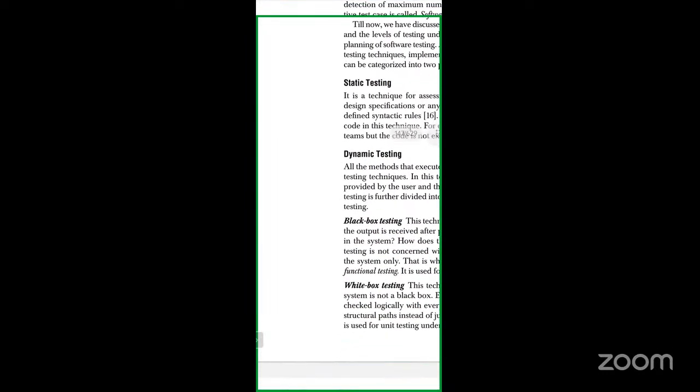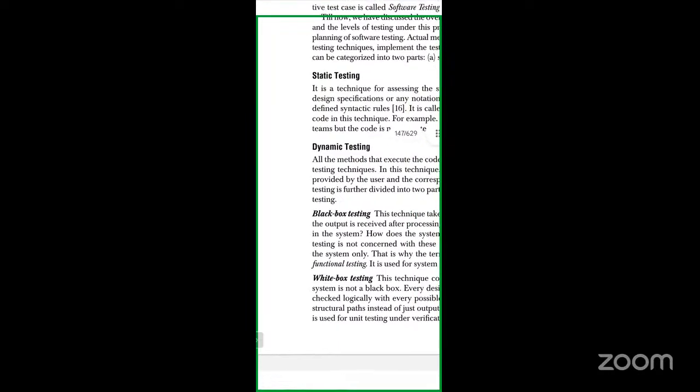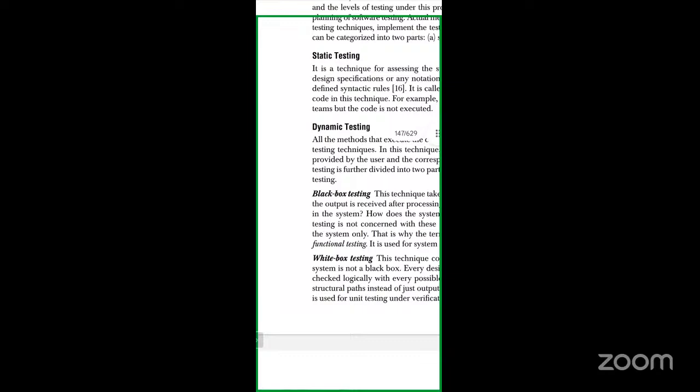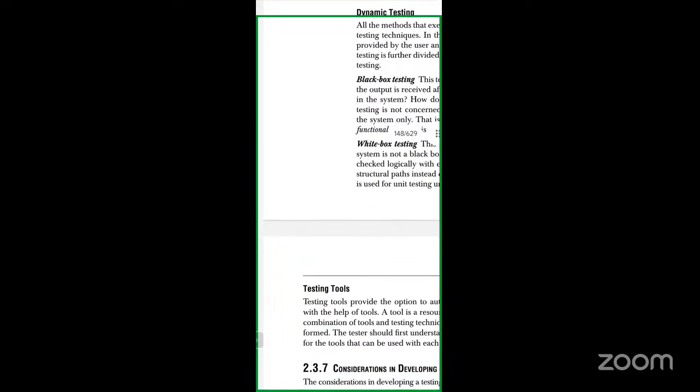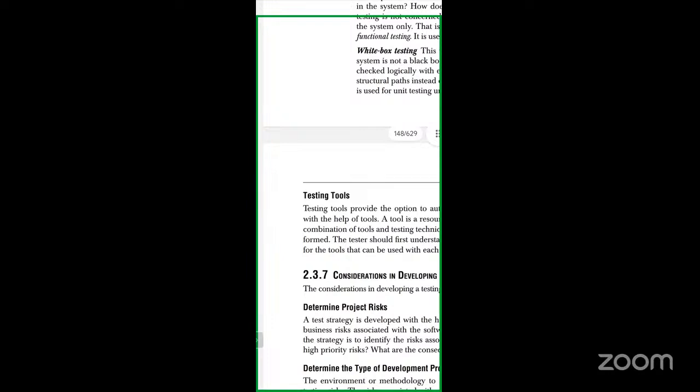So in static and dynamic testing, in static testing we will be focusing on the static aspects that we are not able to modify, but in dynamic testing we are able to modify things. With the help of black box testing, that is top to bottom, and white box testing, that is bottom to top, and we will be having the testing tools for testing all those things.